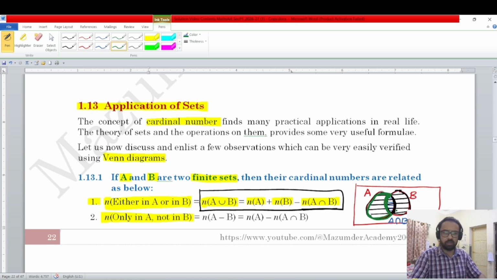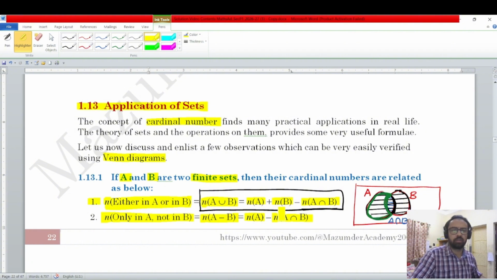So how to write this? From whole A, you have to subtract the intersection. So basically, only in A means n of A difference B, and how to calculate? n of A minus n of A intersection B. So these rules we must remember, otherwise we cannot solve.